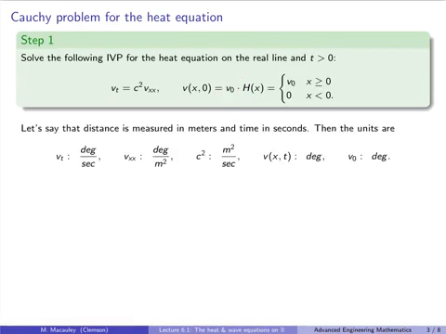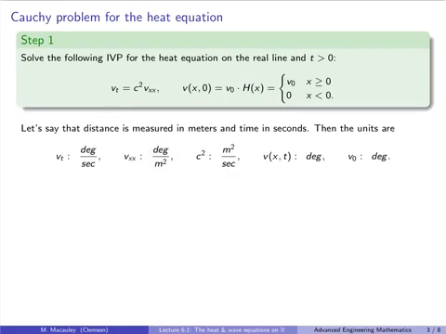Let's say that distance is measured in meters, and time is in seconds, and temperature, of course, is degrees. Then the units of V_t, the time derivative, is degrees per second. The units of V_xx are degrees per meter squared.